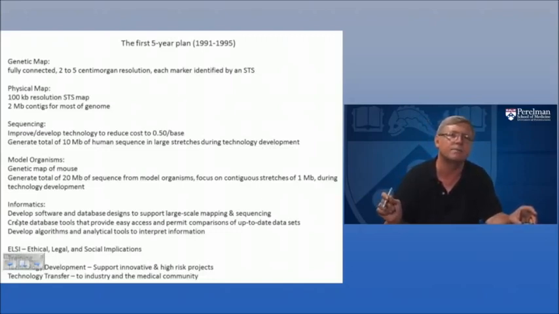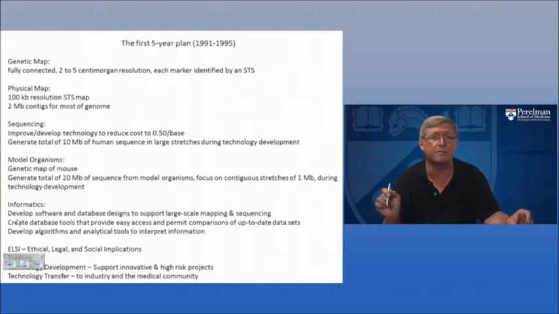For model organisms, the goals were to generate genetic maps of the mouse and to generate 20 megabase stretches of sequence from a number of model organisms in the context of technology development. For informatics, it was clearly recognized early on that databases, software, and algorithms needed to be developed in order to analyze the sequence and enable the assembly processes to go forward.